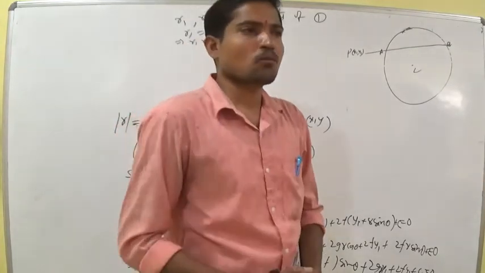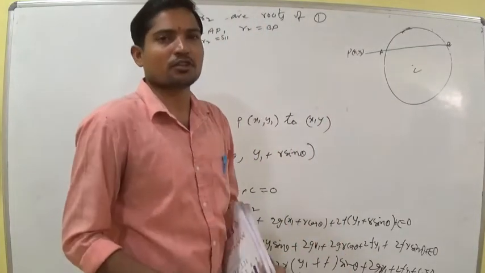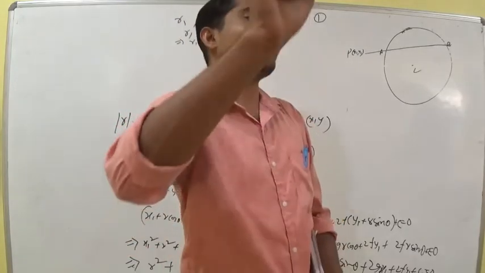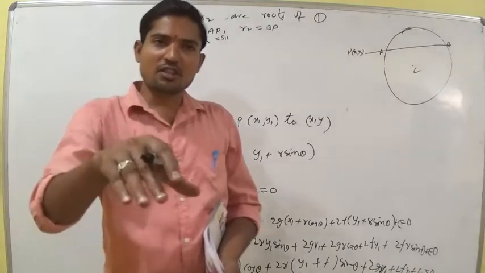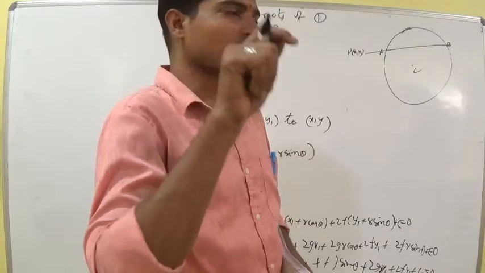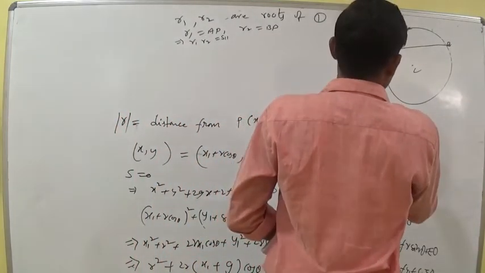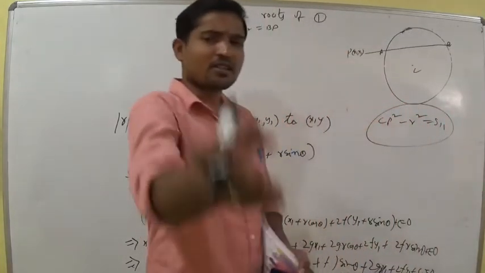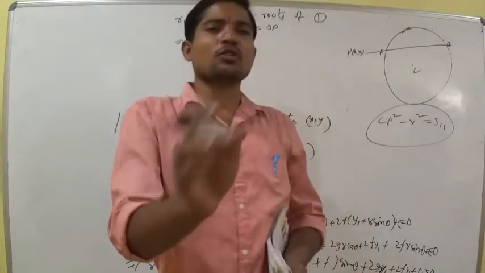And then the position of a point, or power of a point. The position of a point depends on its place. Whether it lies exterior or interior to the circle is decided with CP square minus r square, which is nothing but S11. What is S11 here? x1 square plus y1 square plus 2gx1 plus 2fy1 plus c.